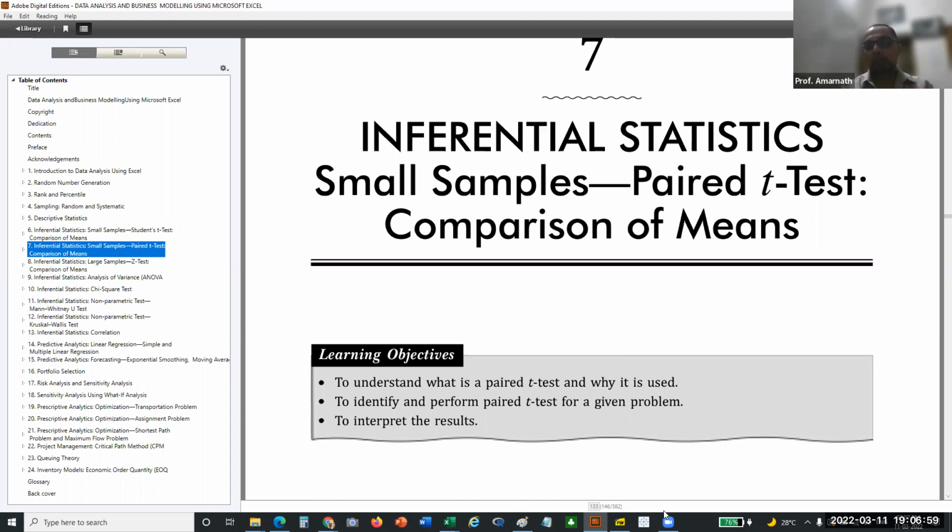How are you able to compare it? At that point, we'll be using this paired test, exclusively for comparison. We will see why we have to use it.